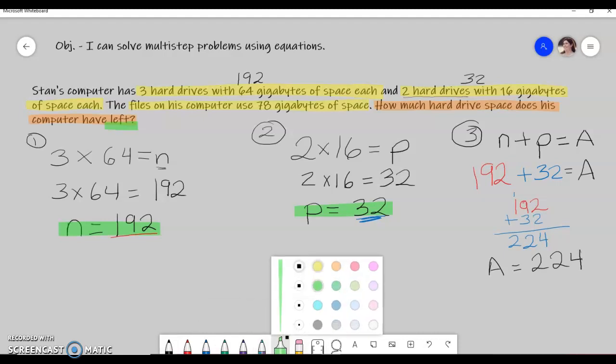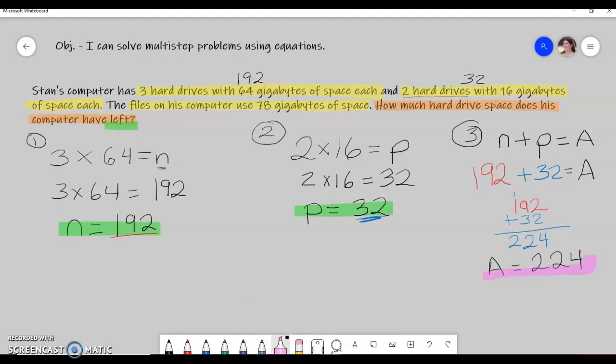I know there's so many steps, but guys, that's the challenge of multi-step problems. There's a lot of steps. So we have how many total gigabytes there are on that computer. But here's the question. We don't want to know how much total gigabytes there are. We want to know how much hard drive space does his computer have left. What's left over?